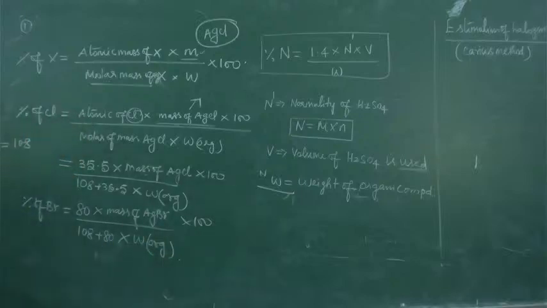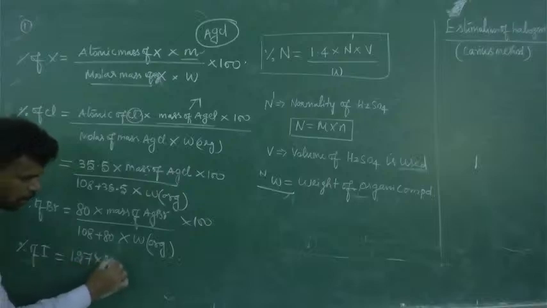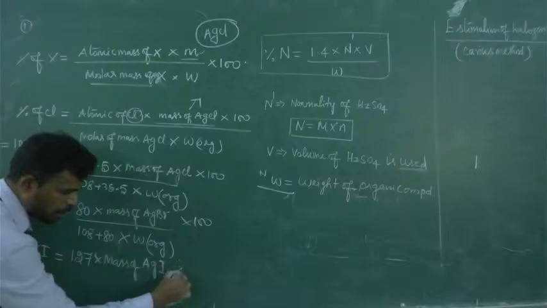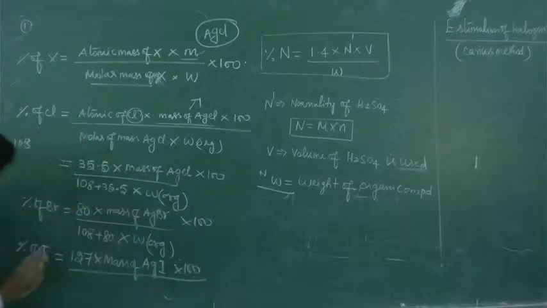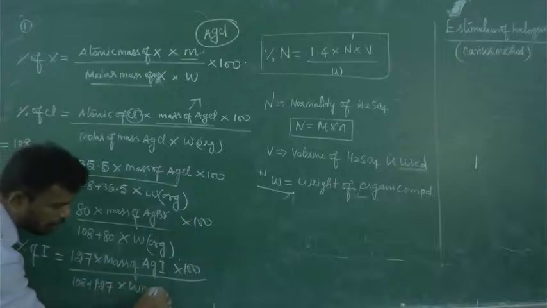Please note this. Similarly, percentage of iodine. Atomic mass of iodine is 127. Next, mass of AgI into 100 divided by molar mass 108 plus 127 into weight of organic compound. Please note this.